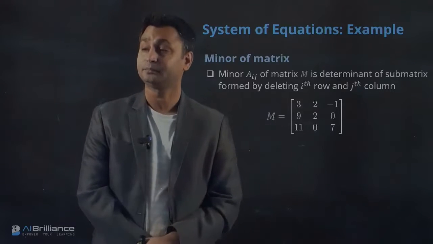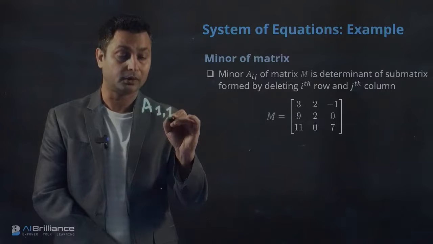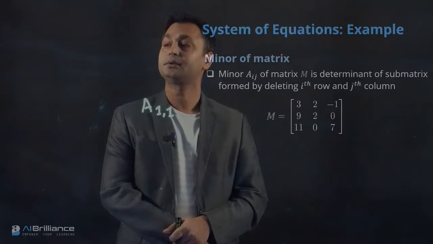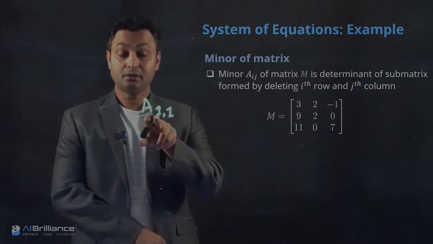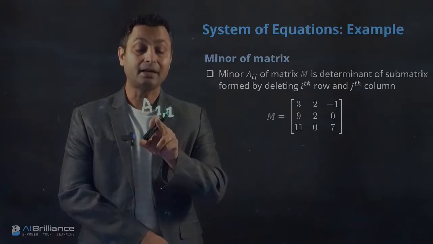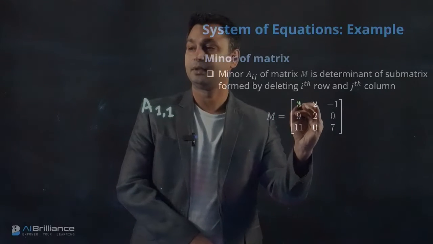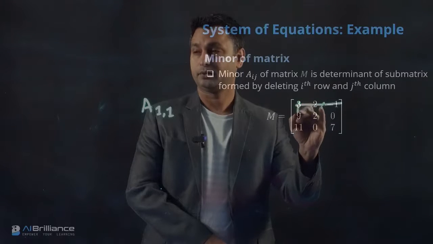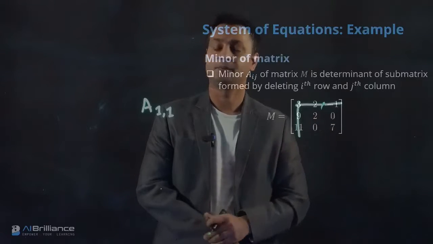If I have a matrix M and I want to compute minor A11, I first form a submatrix by deleting the ith row and jth column. In the case of A11, that is the first row and first column. So I delete the first row and then the first column, and we arrive at this submatrix.